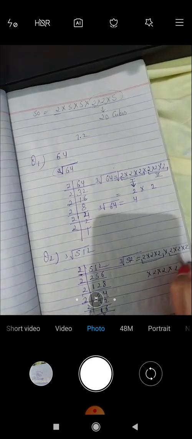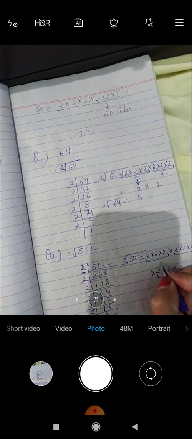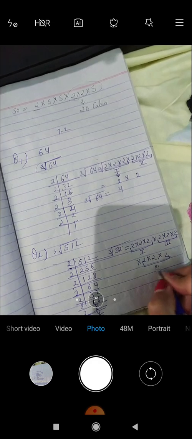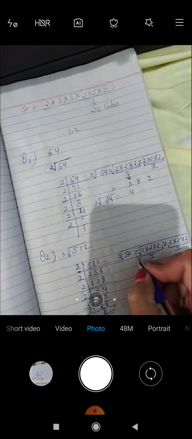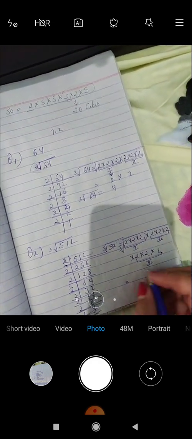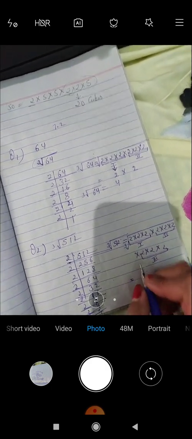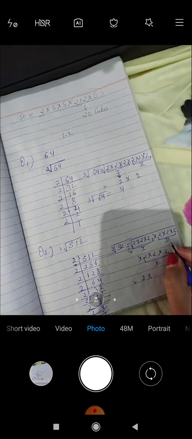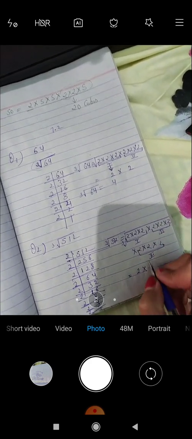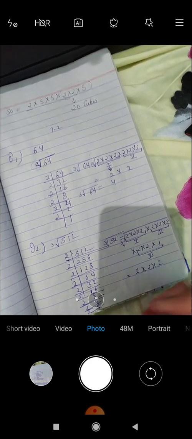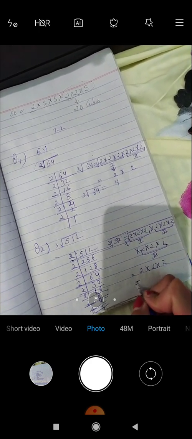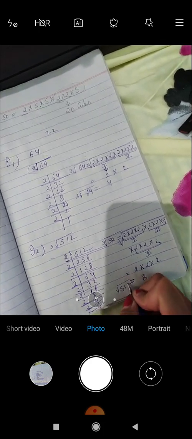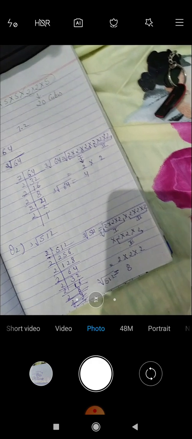We find that there are three groups of 2. From each group we take out one 2, and the product is 8. So the cube root of 512 is 8.